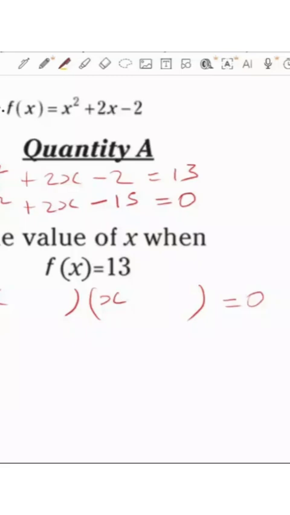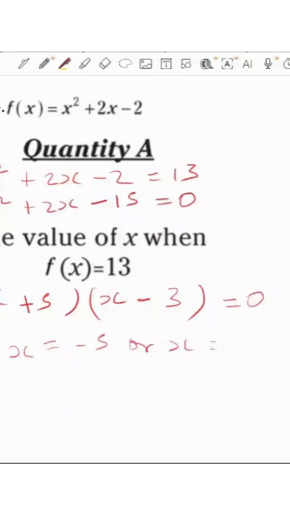In this case, 5 minus 3 is 2. So s plus 5 and s minus 3. Then finally, s equals minus 5 or 3.